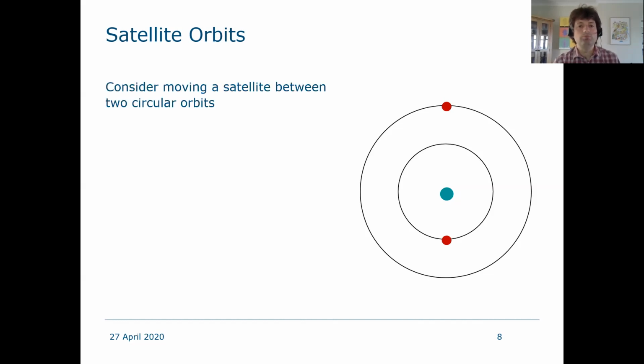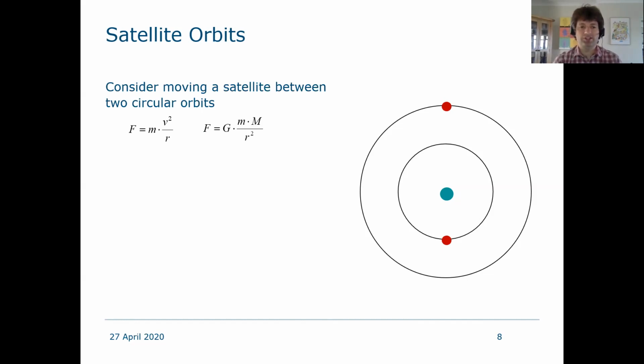Now let's consider moving a satellite between 2 circular orbits. This equation here gives us the force associated with circular motion. So F, the force, equals m, the mass of the satellite, multiplied by its velocity squared divided by the radius of the orbit.